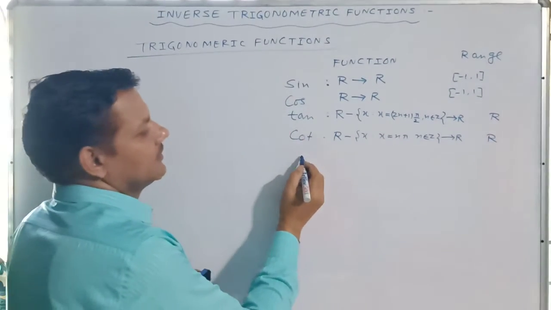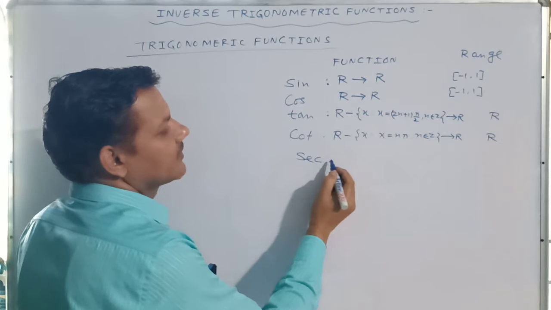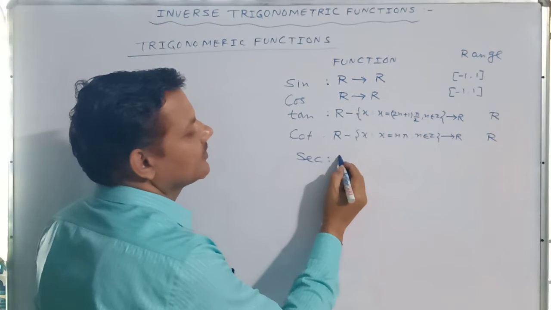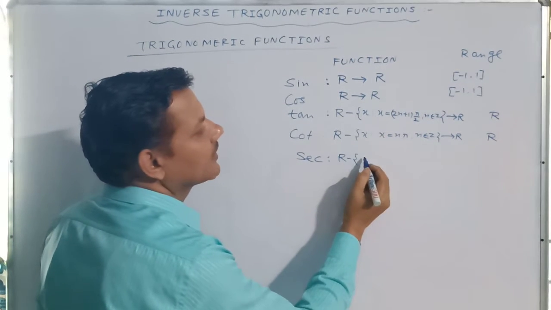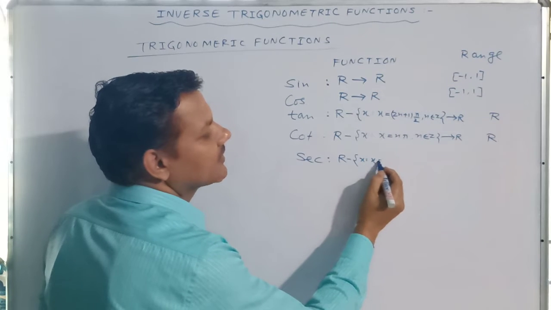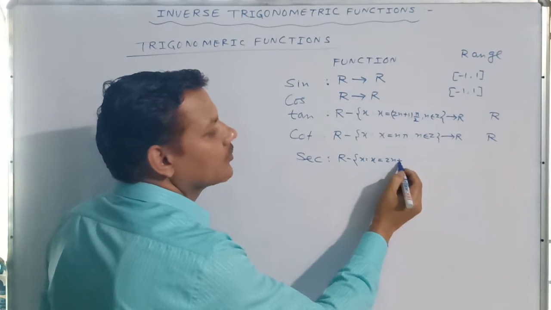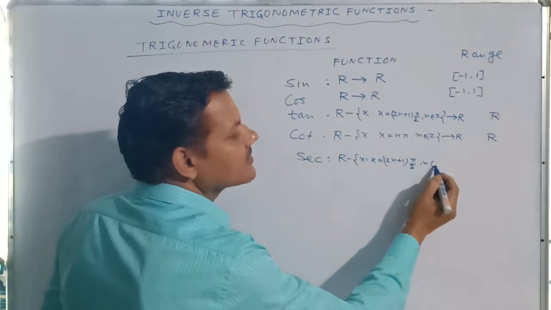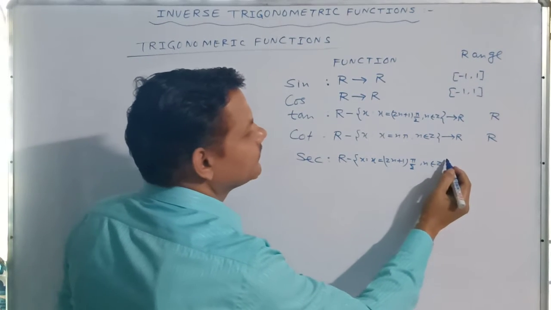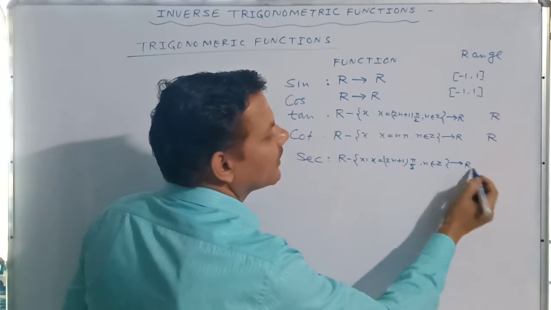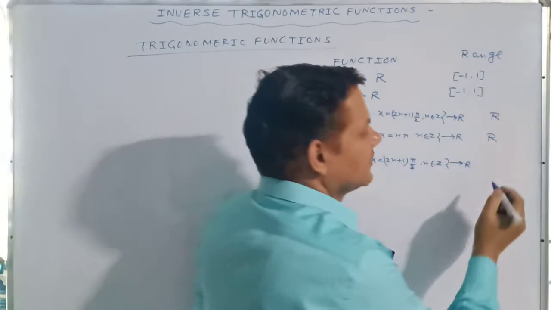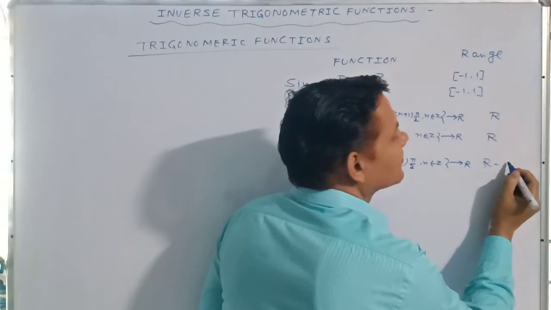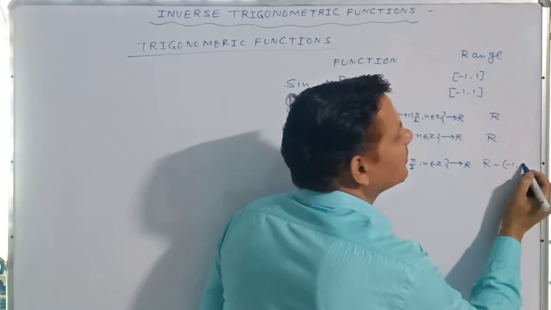Then it is sec. Sec means R minus {x such that x equals (2n+1) pi by 2, where n is any integer}, to R, and its range is all real numbers except -1 to 1.